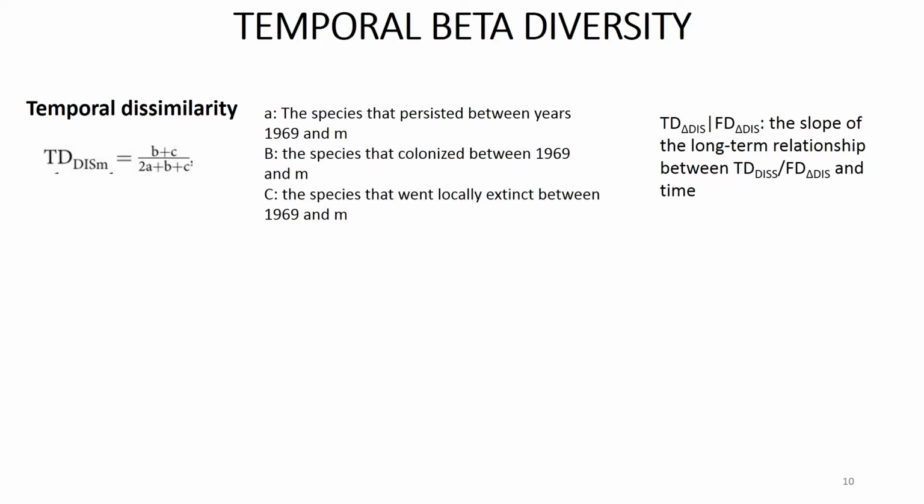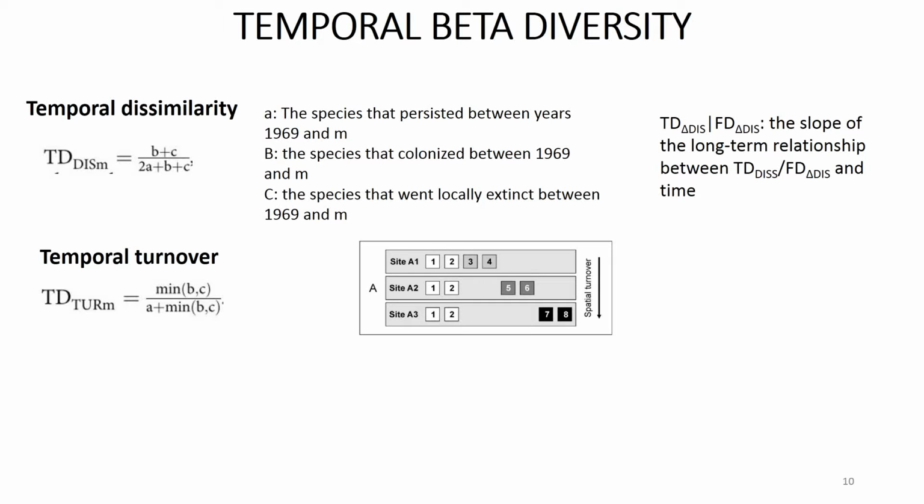The change in taxonomic dissimilarity or functional dissimilarity is determined by the slope of the long-term relationship between taxonomic dissimilarity, functional dissimilarity, and time.